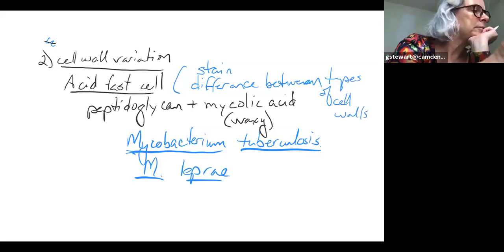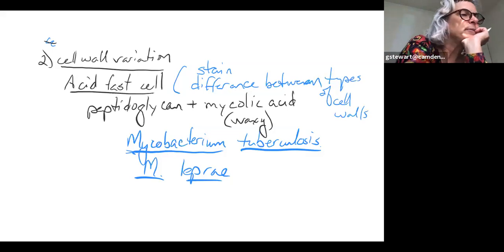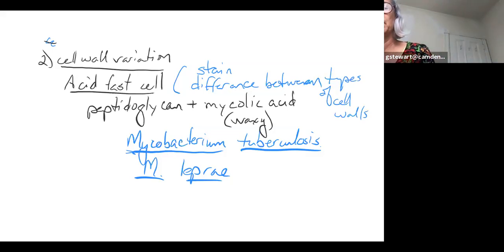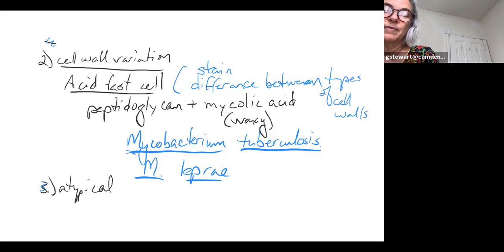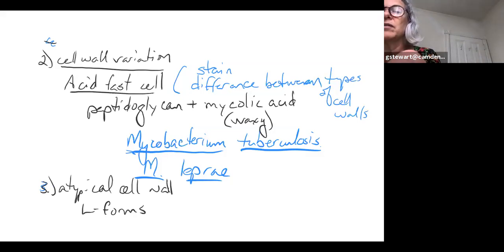And I probably listed on the handout, but just super briefly, not expecting you to know the details of some atypical cell walls. There are bacteria that we call L forms. They don't actually have a cell wall. They're usually bacteria that have lived with an organism for a very long time and they stop making their cell wall.